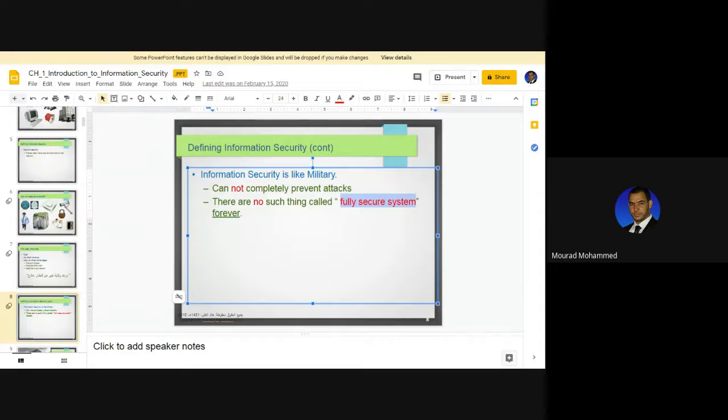Otherwise, if we are talking about a fully secure system, we are talking about an isolated system. And an isolated system is a useless system. If it's isolated, nobody will use it. Thus, security can be very high, but not 100%. Why?